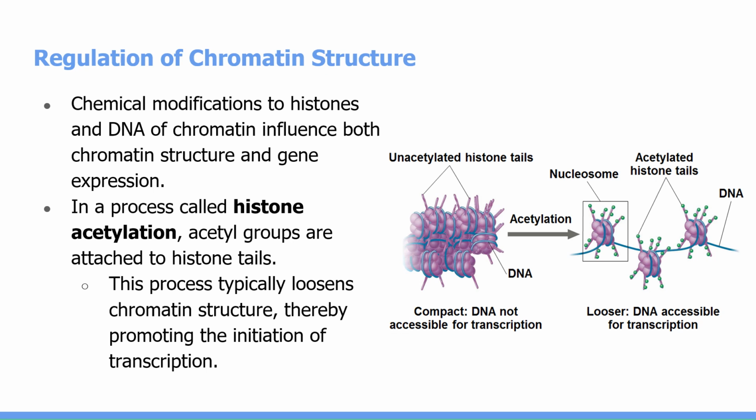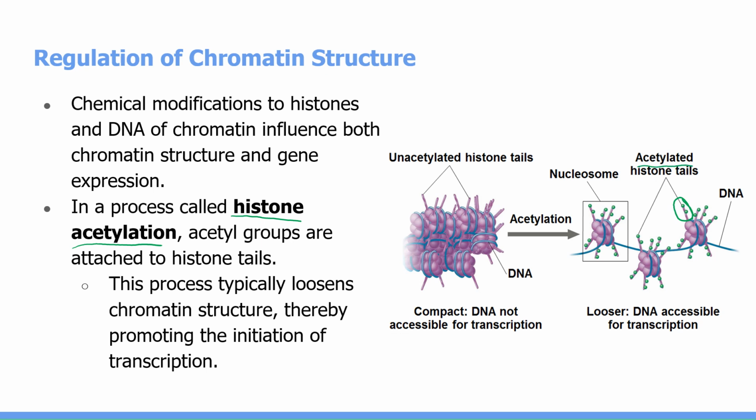So modifications to the histones and DNA of chromatin influence both the structure of chromatin as well as gene expression. So the first process we're going to take a look at is called histone acetylation. So acetylation means that the tails, those protrusions I mentioned earlier, are acetylated.